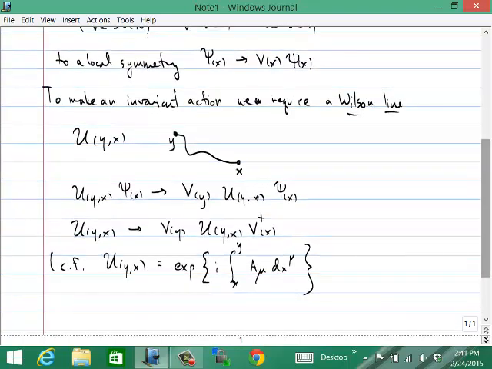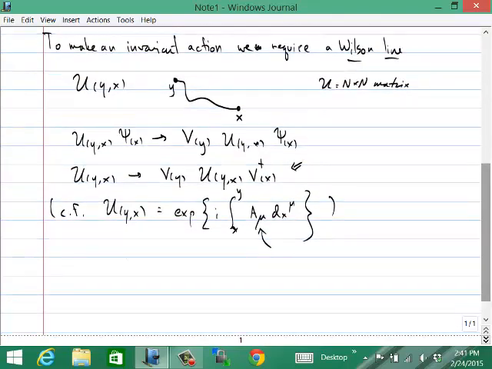So clearly, U is going to have to be an n by n matrix now, rather than just a number, because here we're multiplying by V's on the left and the right. So U is some n by n matrix. And what I'd like to do is try and ask what the analog of the vector potential A mu is now that we're considering an SU(N) symmetry rather than the U(1) symmetry of electromagnetism.